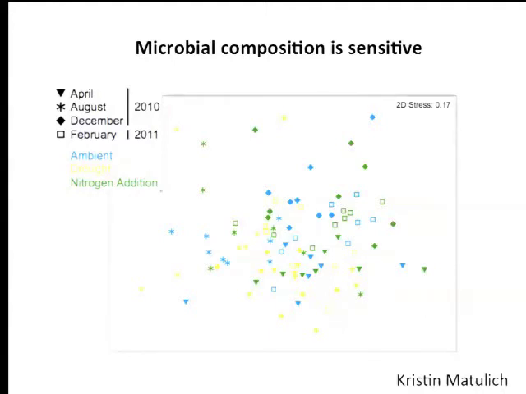And so what I'm showing here is an NMDS plot, and the points are colored by treatments, ambient, drought, and nitrogen addition. And kind of, if you squint, you can see the nitrogen, or the drought. The yellow drought plots are a little lower than the other plots, but there's not a huge signal. It is significant by treatment, but it's a small signal. And this is for the bacteria, but we see the same pattern for the fungi.